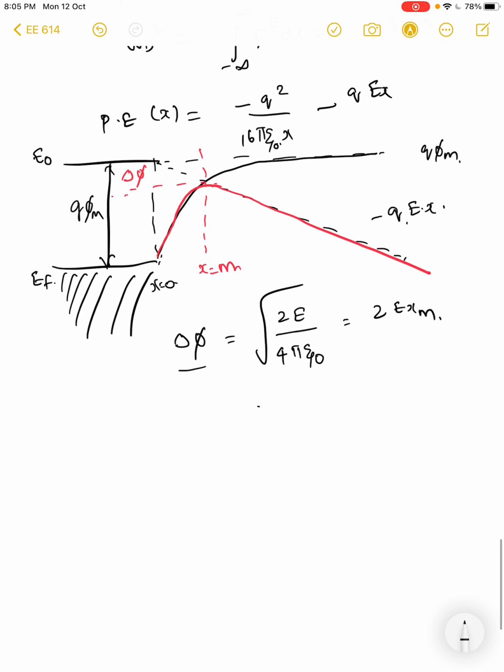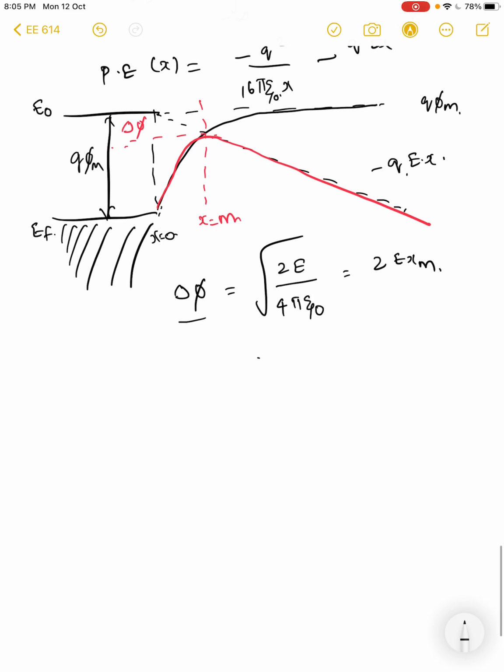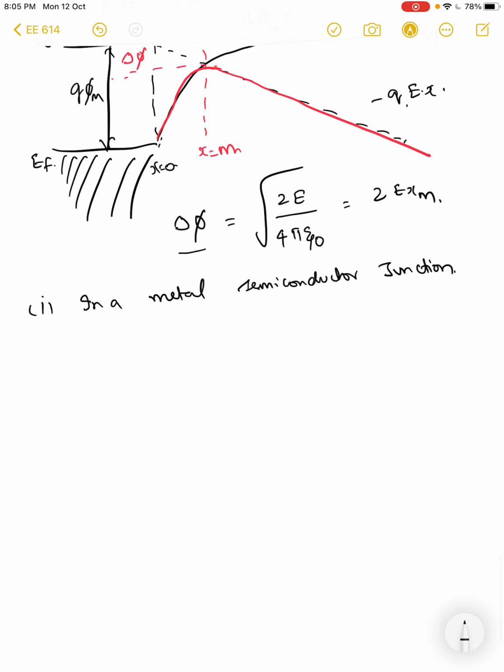But right now we have just considered the metal work function suppression at vacuum, but when you have a metal interfacing with a semiconductor, there are other aspects to it, right? So in a metal semiconductor junction, you have the suppression del psi is smaller. Why?